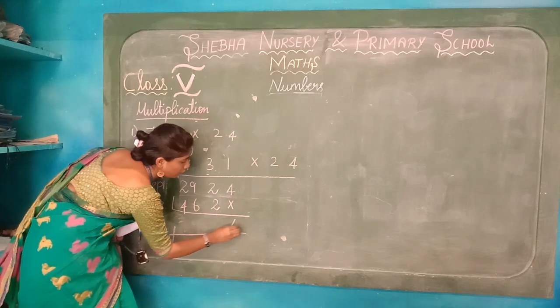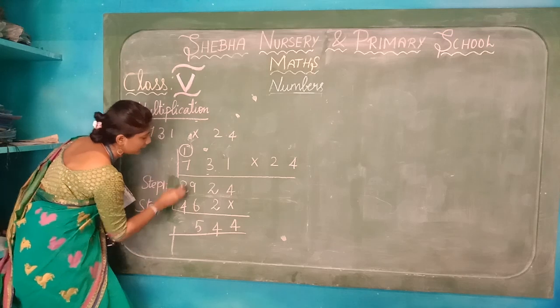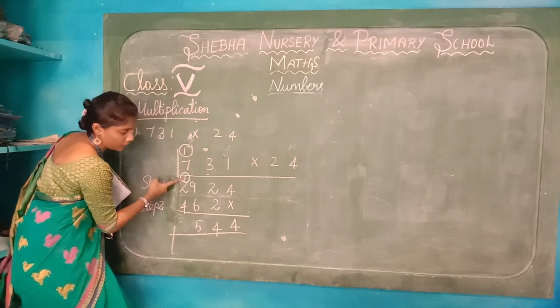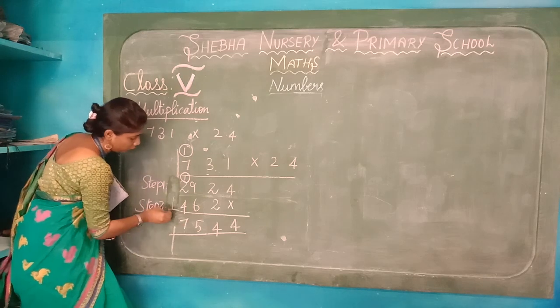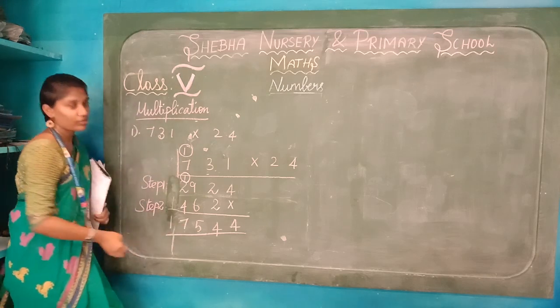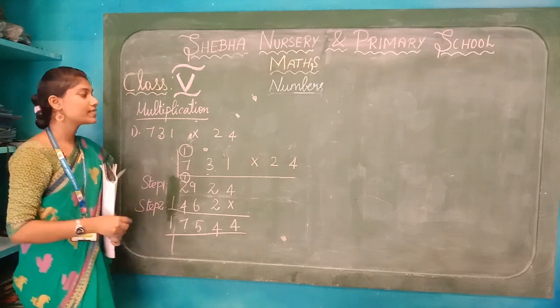So 4, 2 plus 2, 4, 9 plus 6, 15, and then 1 carrying, 2 plus 1, 3, and then 3 plus 4, 7, and then 1 here. So we have done multiplication. Okay children, next move to the second sum.